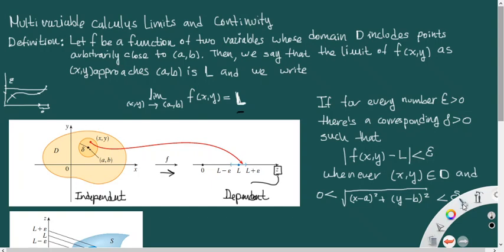The formal definition for the limit is right here. Let f be a function of two variables, in this case this function over here, with domain D. The domain D is all the values of x and y that are in the range of interest. So two variables where domain D includes points arbitrarily close to a comma b.